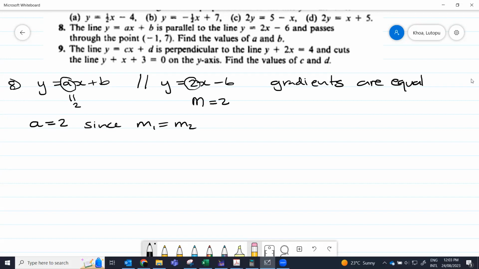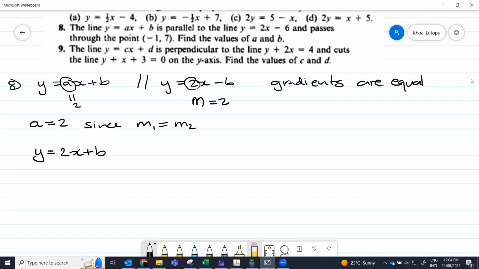All right, and now our equation becomes y is equal to 2x plus b. And we know it passes through the point -1 and 7. So when we substitute the x and y coordinates, the equation must be satisfied, and we can work out the value of b.